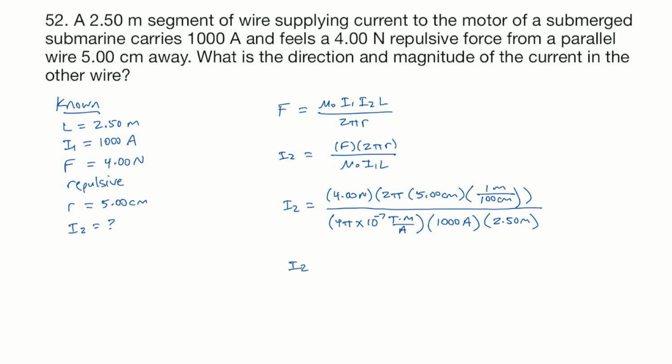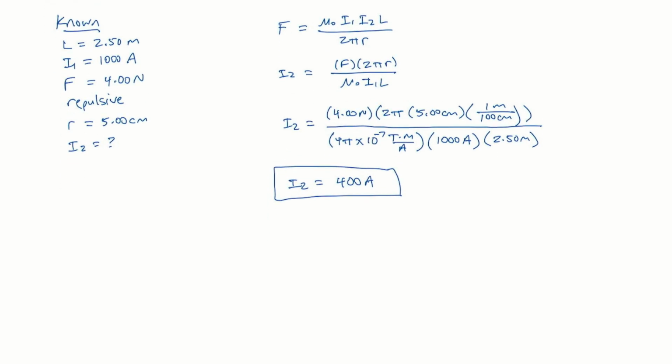Okay, I did this calculation, and I got 400 amps. And then we can say the direction is opposite to I1. And that is because the force is repulsive.